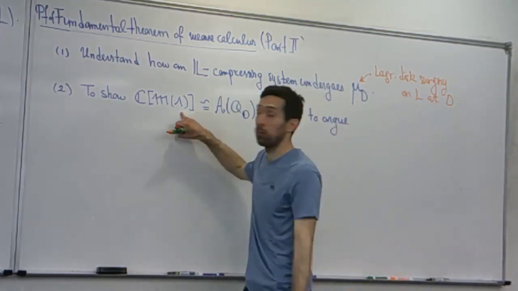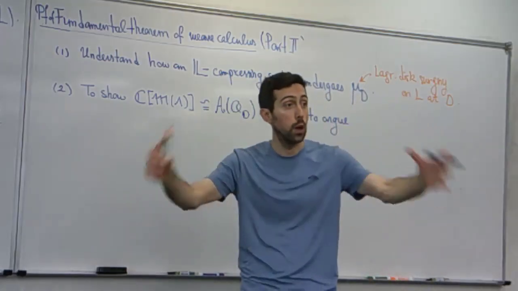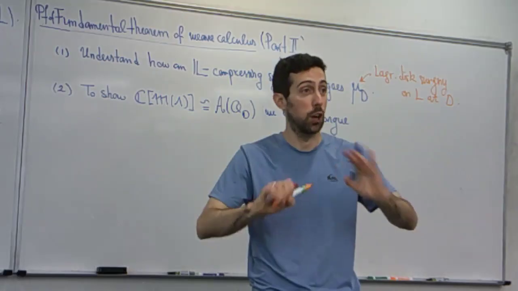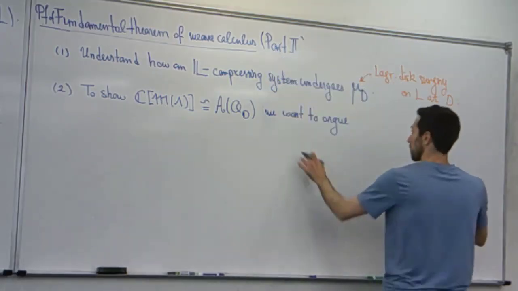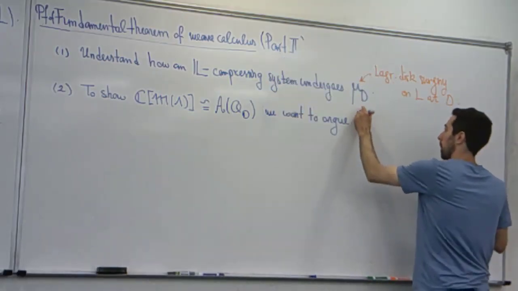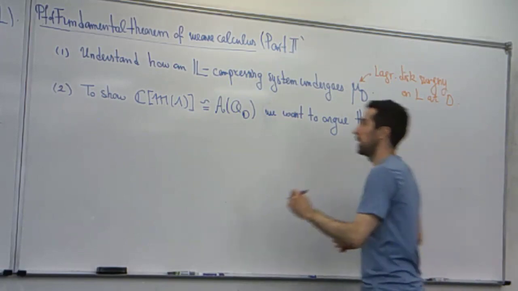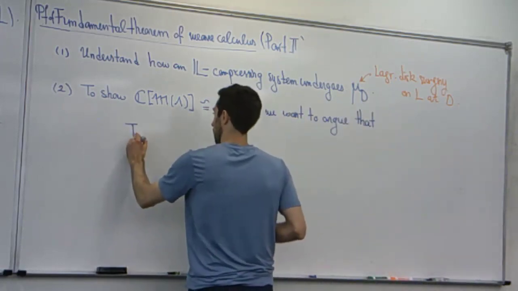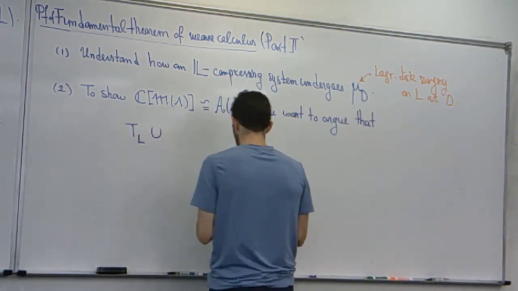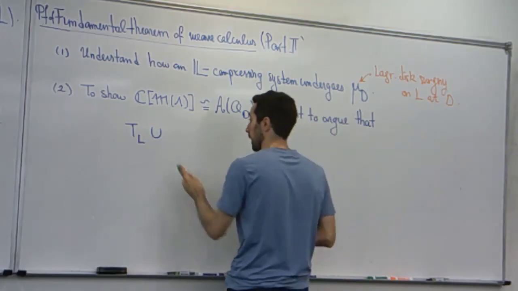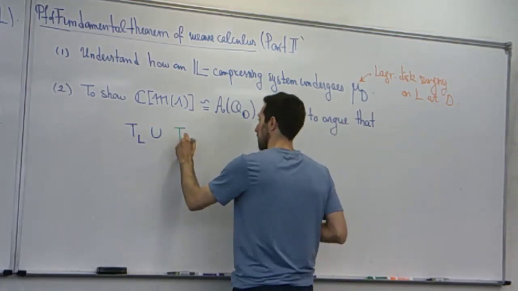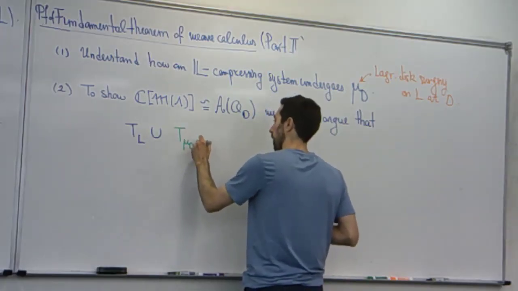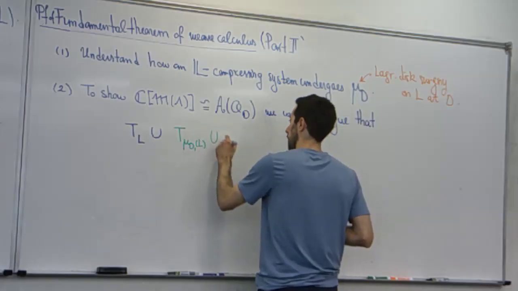that the given L, the given filling that you have, union the once mutated ones actually cover. So let me explain that slowly. We want to argue that T sub L union, and now I'm going to write everybody mutating these guys, T sub mu d1 of L union dot dot dot.